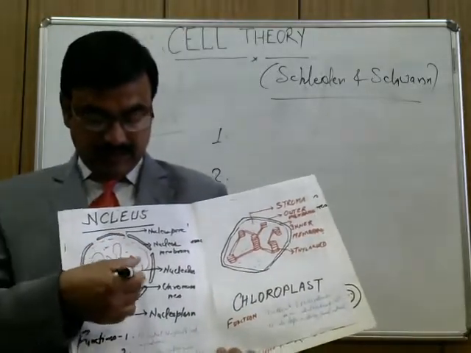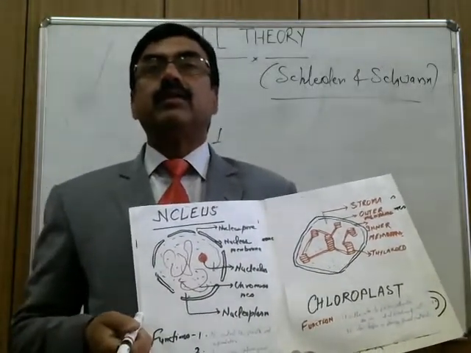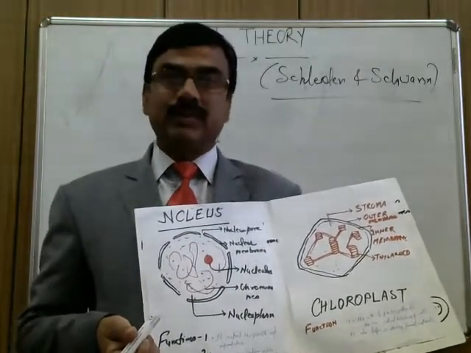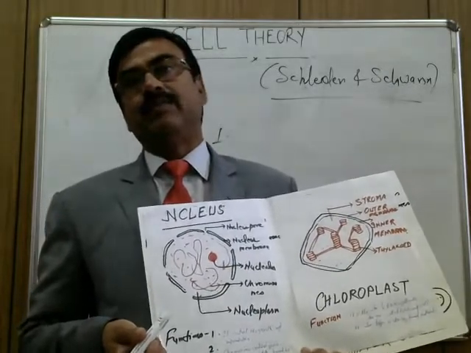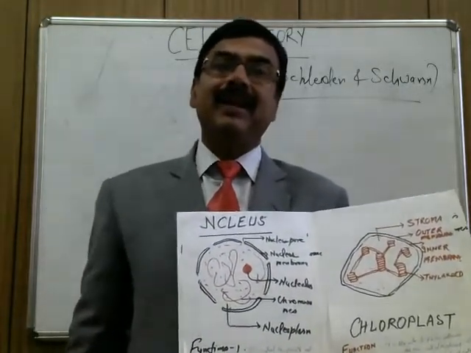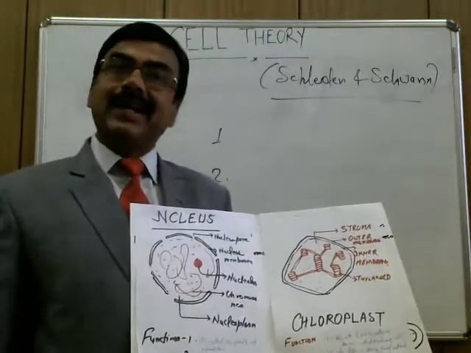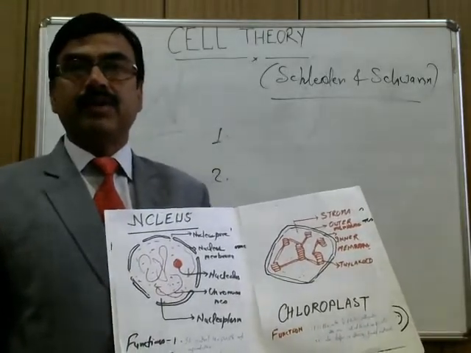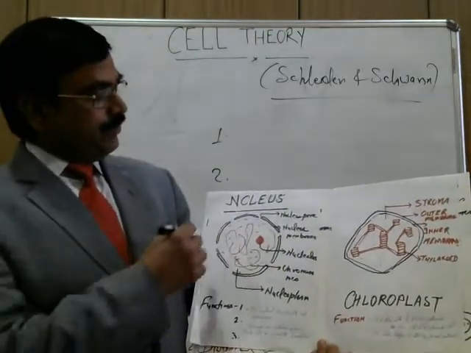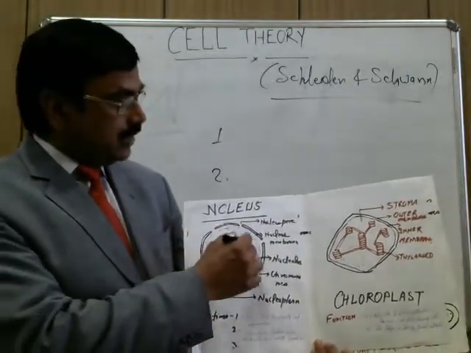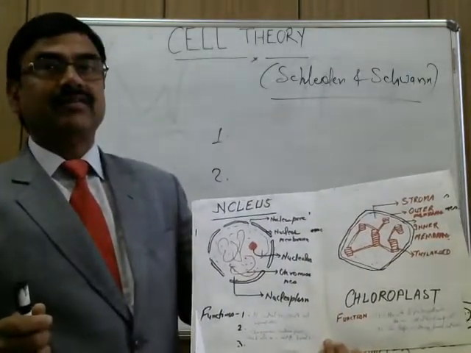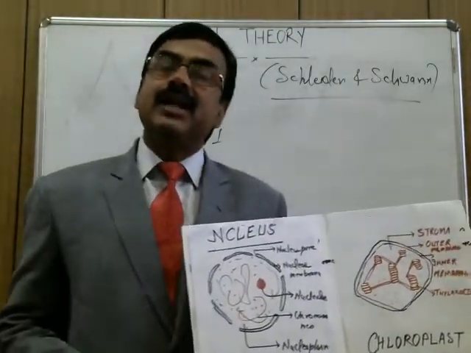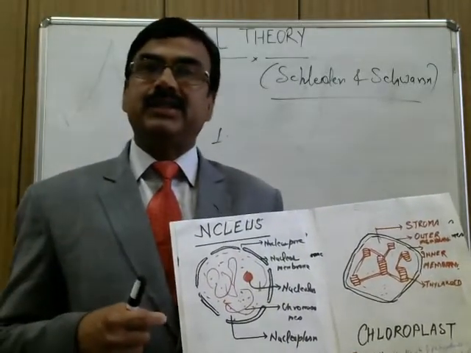Now, in the chromosomes, many genes are located. In one chromosome, 40,000 genes are located. Genes are segments of DNA, and genes carry the hereditary character from one generation to another generation. After this, there is one spherical structure called the nucleolus, and this nucleolus is responsible for protein synthesis.